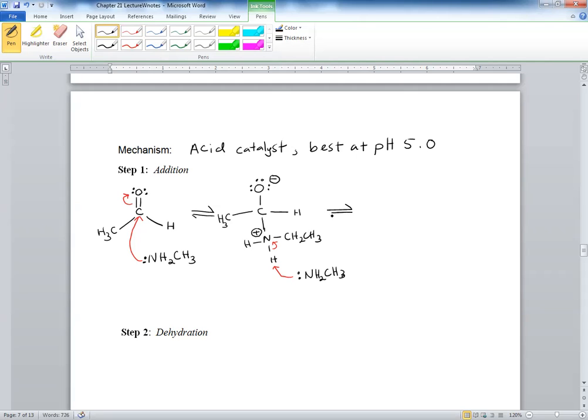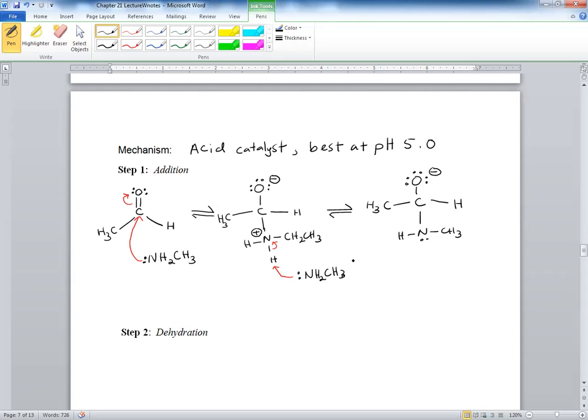So the deprotonation takes place first, and then you would have very well right there. So that's the lone pair that was that.